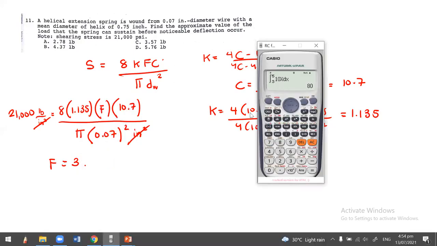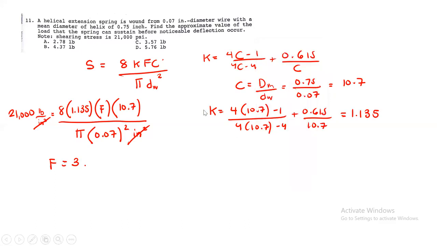So calculate natin. 21,000 is equal to 8 times 1.135 times alpha x times 10.7 divided by pi times 0.07 squared. Shift solve. So 3.327. So, ito na yung sagot. So, the answer is letter C, pounds.